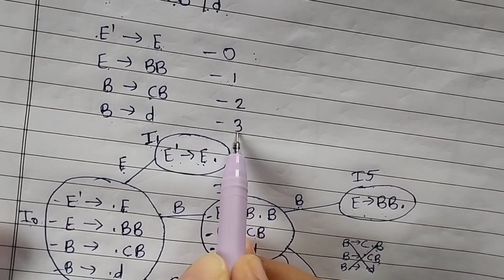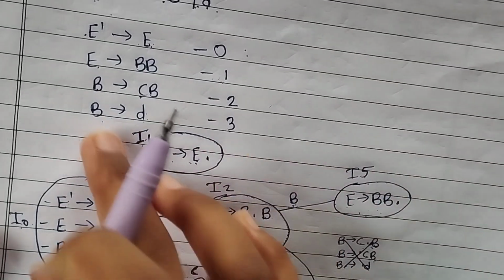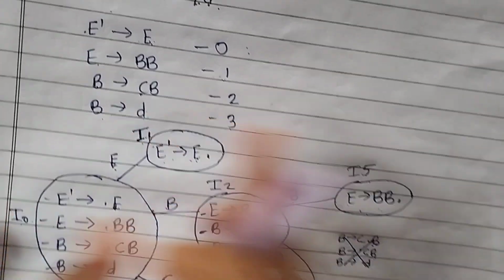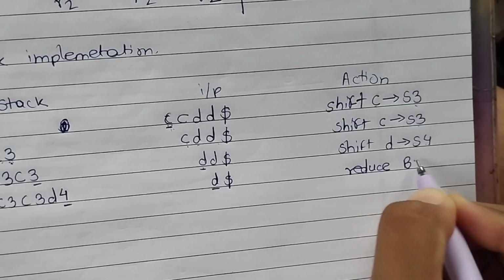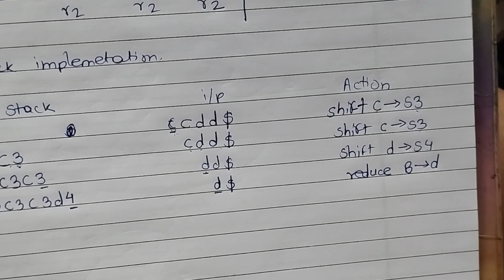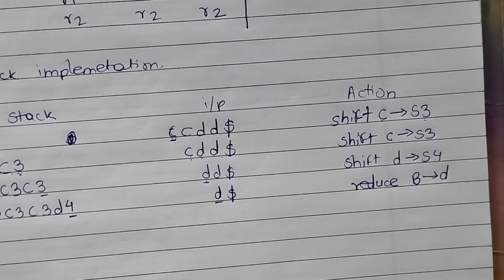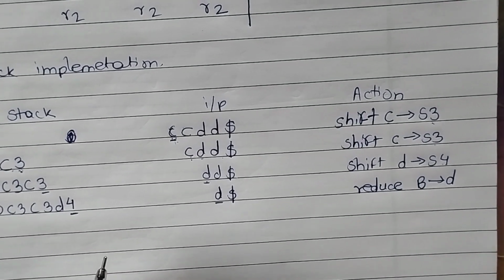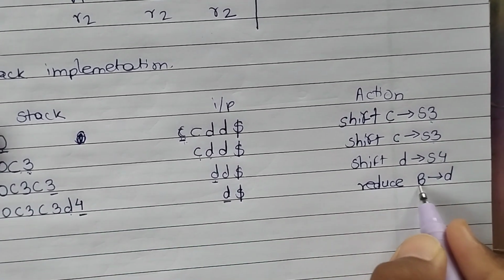Here is the 3, and the grammar is B reads D. So we reduce B reads D. We reduce this D with B.